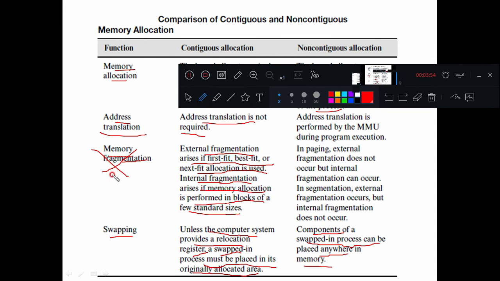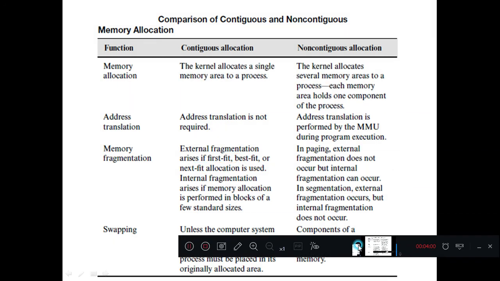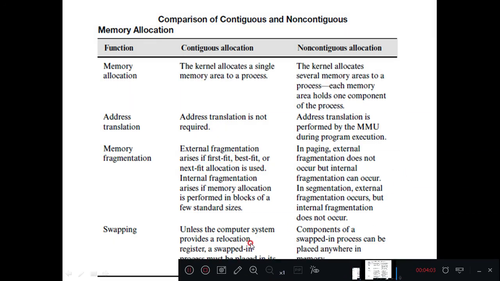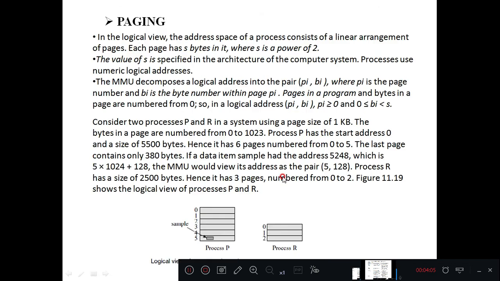So these are the differences between the contiguous and non-contiguous memory allocation techniques, right? So in the next slide we will discuss the next part of this topic, which is paging, right? What do you mean by paging, how it is performed, and what different techniques we are going to follow in paging, that we are going to see.